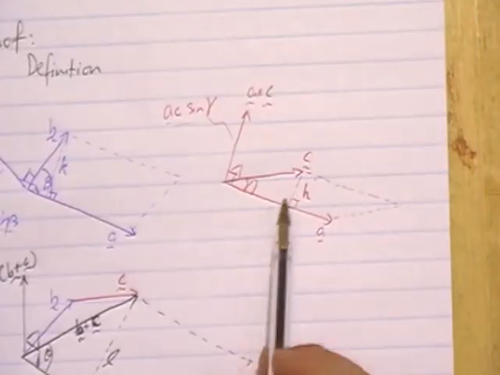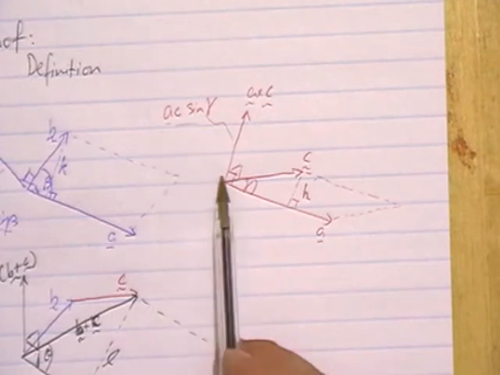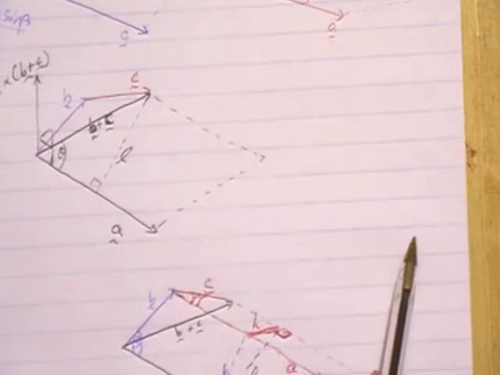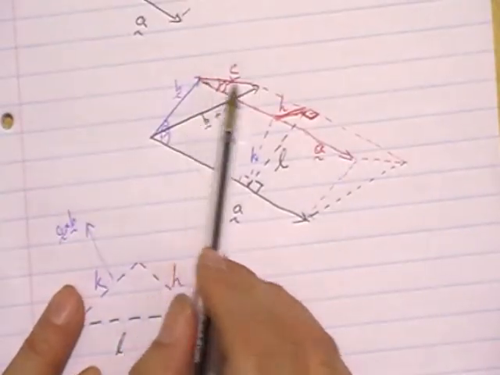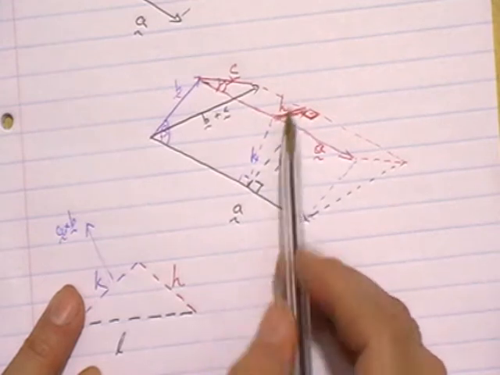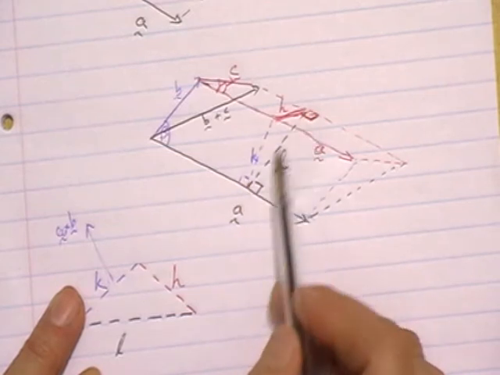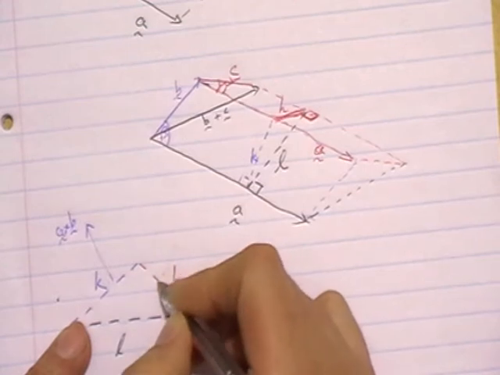As for the H, if we go back to this, A cross C is perpendicular to A and C, to the plane containing A and C, this and this. So it must be perpendicular to H, and it must lie in the plane contained by this triangle. Let me sketch it out here.